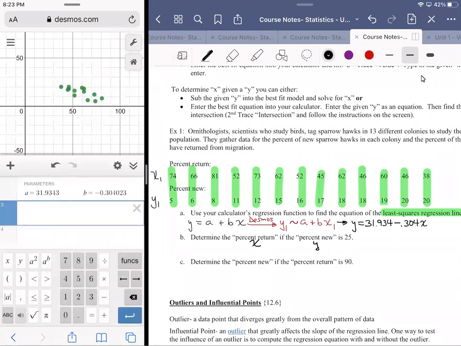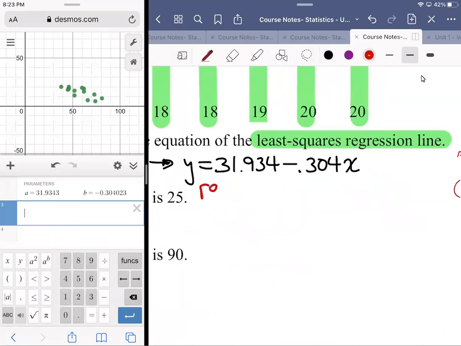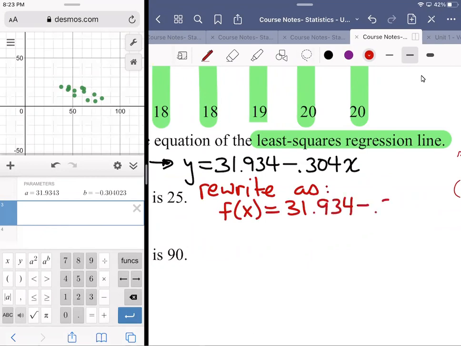What I then do is I rewrite it in Desmos in function notation. So f of x equals 31.934 minus 0.304x. All right. The good thing, so I just told you something bad about Desmos, something I didn't like. Let me tell you something good.